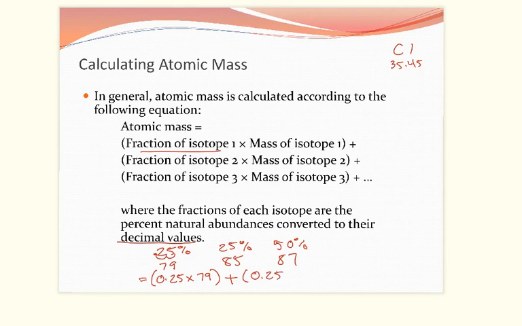So the fraction is 0.25 again, multiplied by 85. And then your test 3 result, which is this time worth 0.5 or 50% of your grade, 0.50 times 87. And the sum of these components will give you an average for your grade.